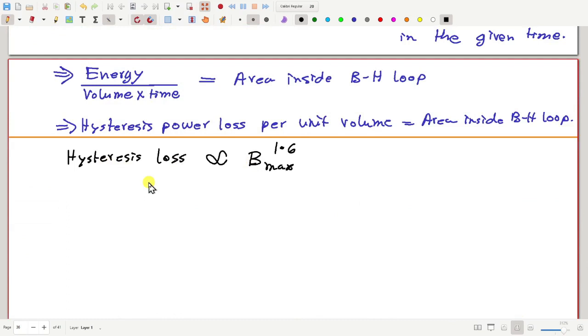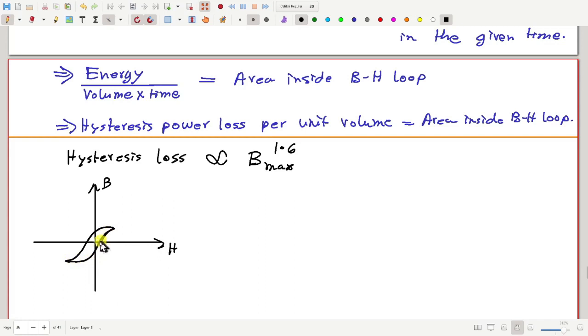Okay, now here one thing I can tell you. Suppose this is a BH plane and I first draw the BH graph for a small value of sinusoidal current like this.